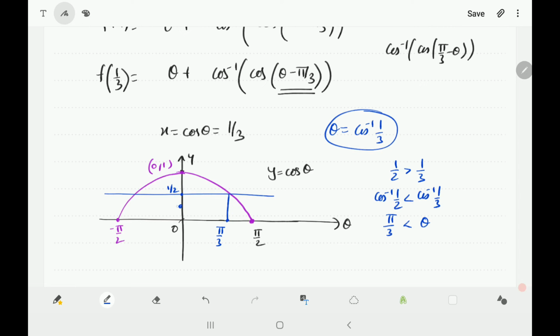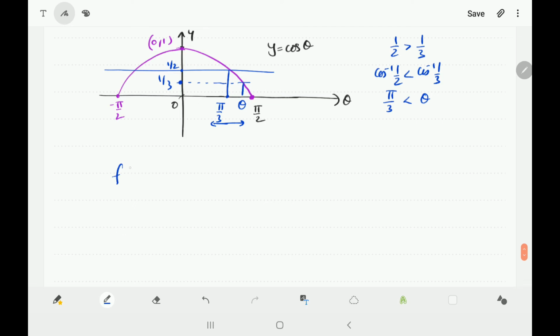So 1 by 3 will be somewhere here. So 1 by 3 on the graph of cos will give us theta. So theta is greater than pi by 3. Okay. So theta minus pi by 3 is a small value only, which lies in the first quadrant only. Okay. So theta minus pi by 3 is a positive value and it lies between 0 to pi only. So it is in the principal value branch.